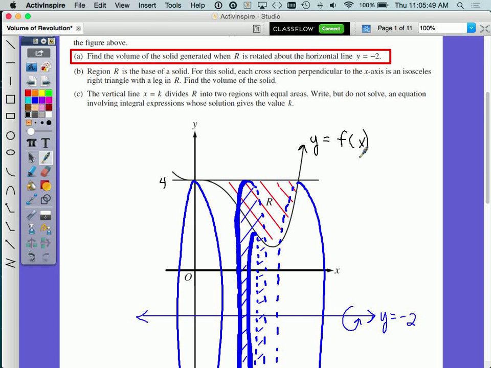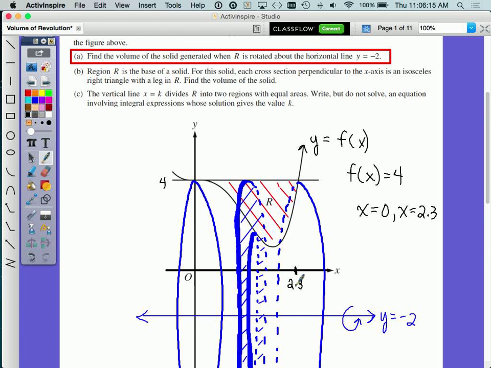And I need to solve where f of x equals 4 to find out what that value is there. So I set f of x equal to 4. And I've got a calculator, so I just put that into the calculator and solve it. And the calculator comes up with x equals 0 or x equals 2.3. So I can see here that must be 2.3.